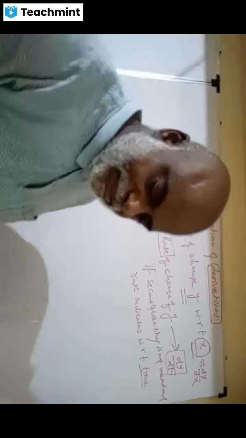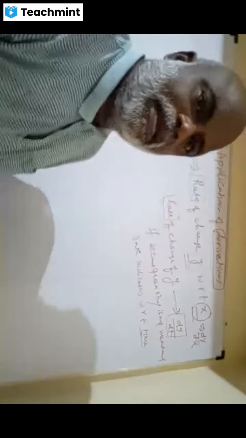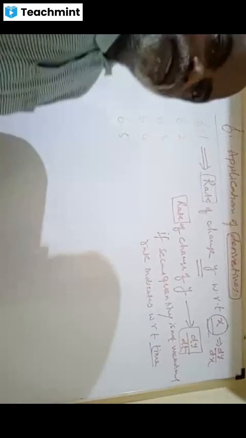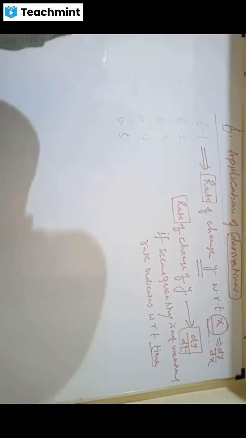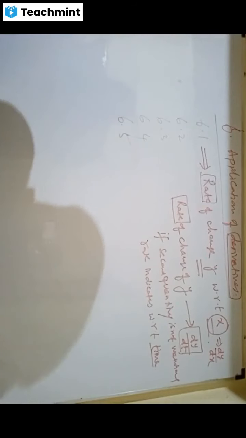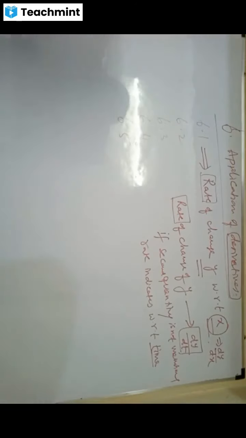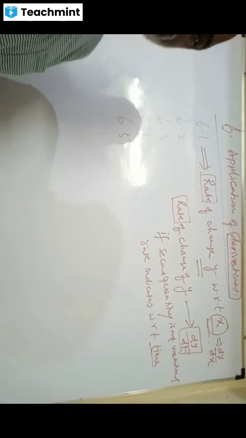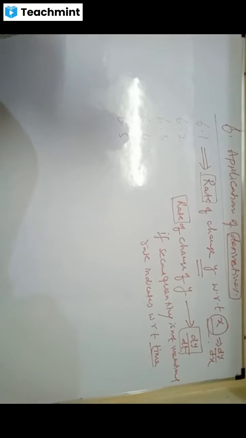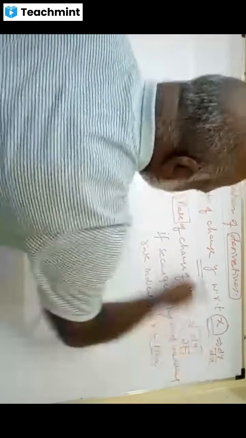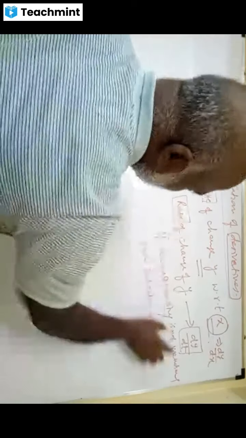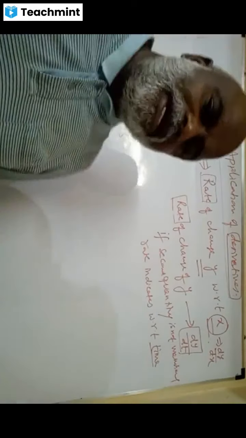If the second quantity is mentioned, it is dy by dx. Here the second quantity is not mentioned, so the rate indicates with respect to time. Therefore, dy by dt.